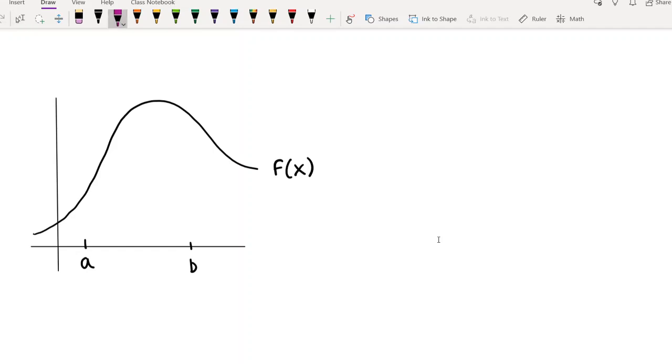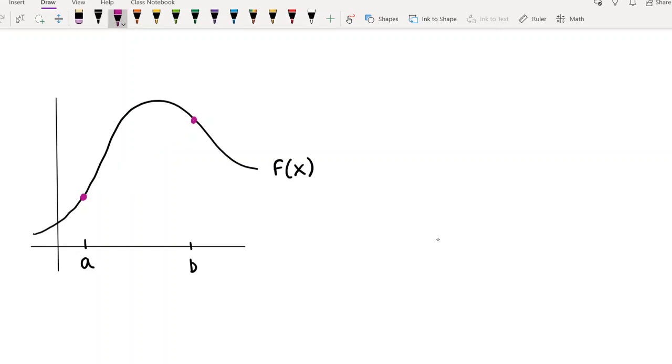So let's say that we looked at our function and went to the two points that corresponded to the endpoints of our interval. So the points on the graph at A and B, and we connect them with a line. This line segment that I just drew is something we talked about at the beginning of the quarter.